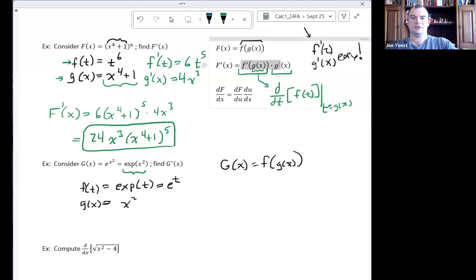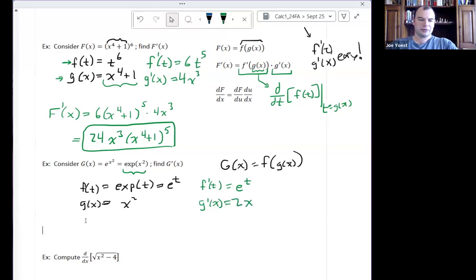And then what's my derivative of big G? It's going to involve little f prime and little g prime. Maybe I'll just compute those over here. Little f prime of t is e to the t. It's the same as little f of t. And what is little g prime of x? Just 2x. So what is big G prime of x?